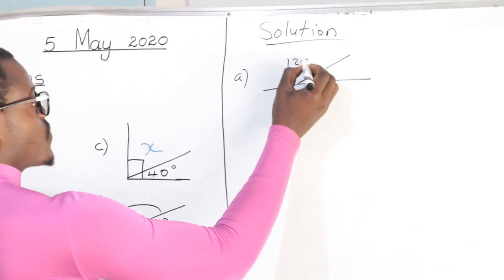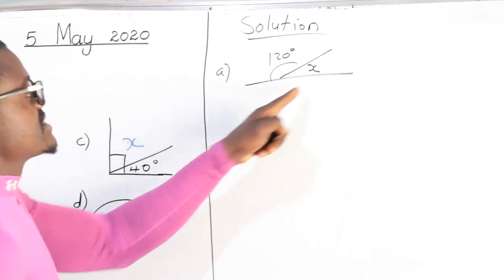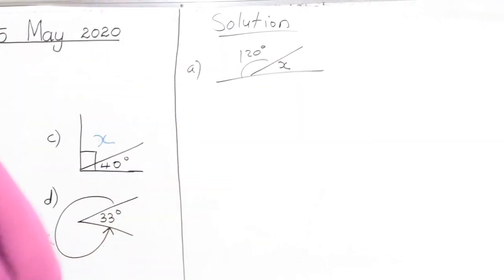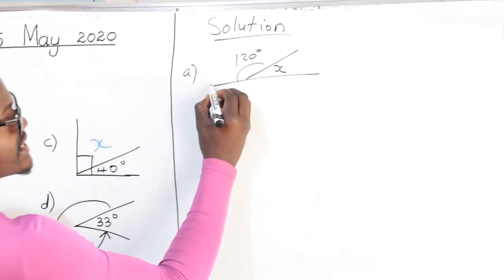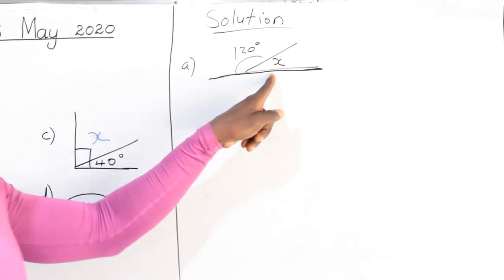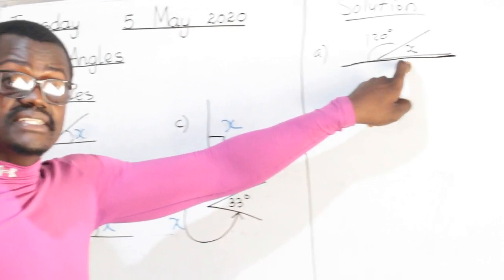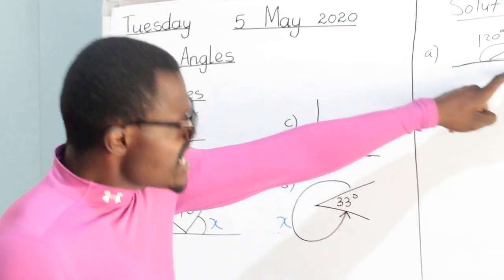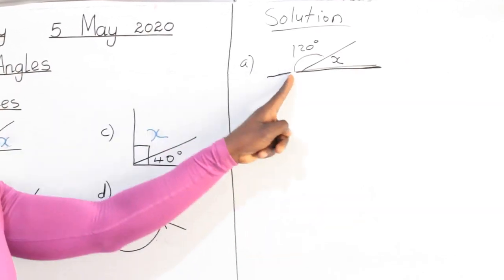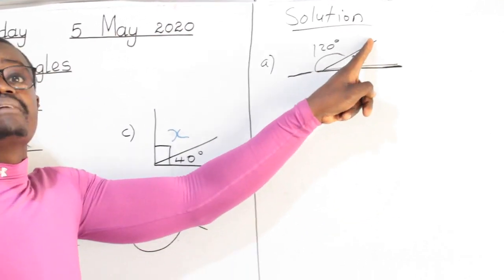It's 120 degrees, and we have x degrees there. We all know that a straight line adds up to 180 degrees. So if the other angle that has been marked is 120 degrees, what do we have remaining?